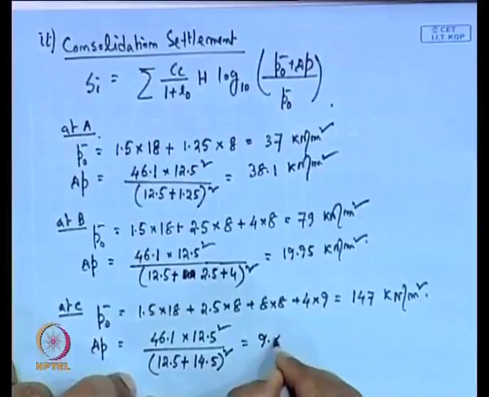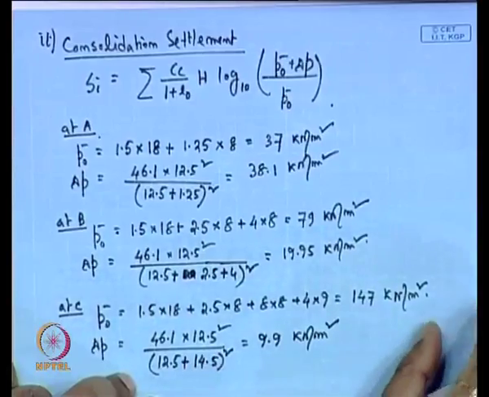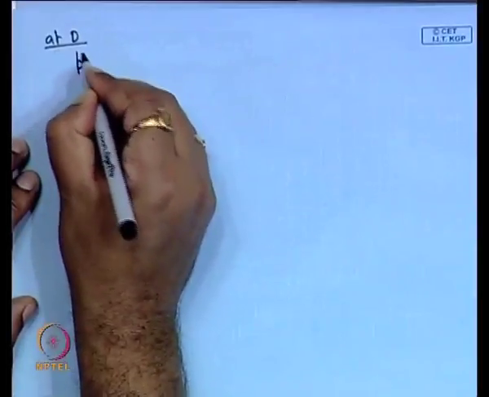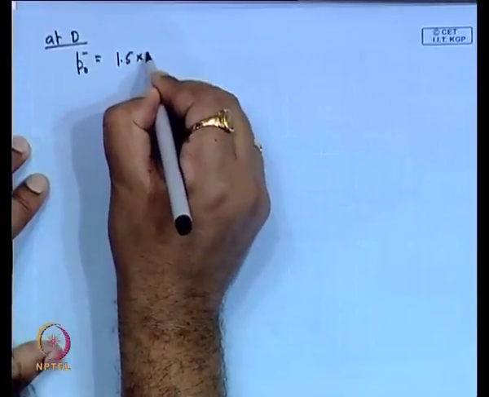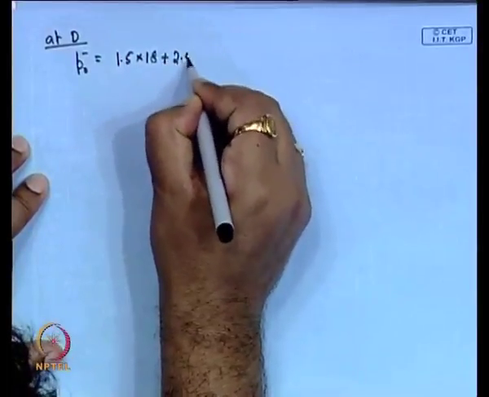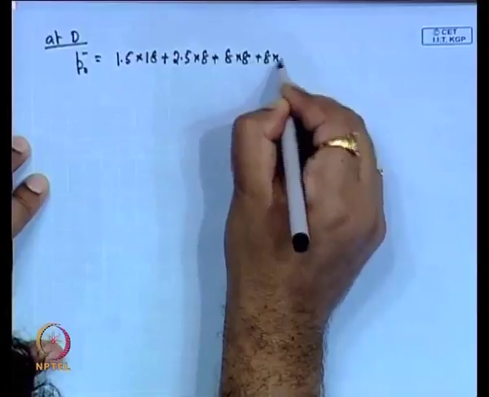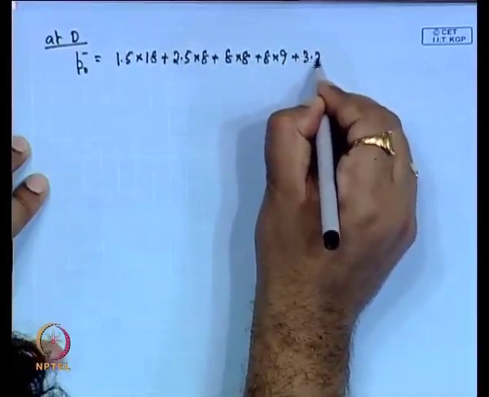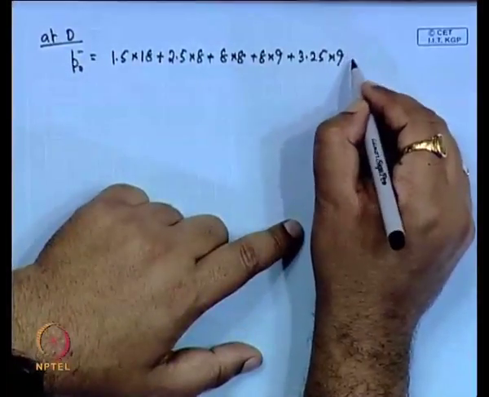So this value is 9.9 kilonewton per meter square. Similarly, in a similar fashion we can calculate at point D. This P_0 bar is 1.5 into 18 plus 2.5 into 8 plus 8 into 8 plus 8 into 9 plus 3.25 into 9, because the D point is 3.25 distance from the third layer.